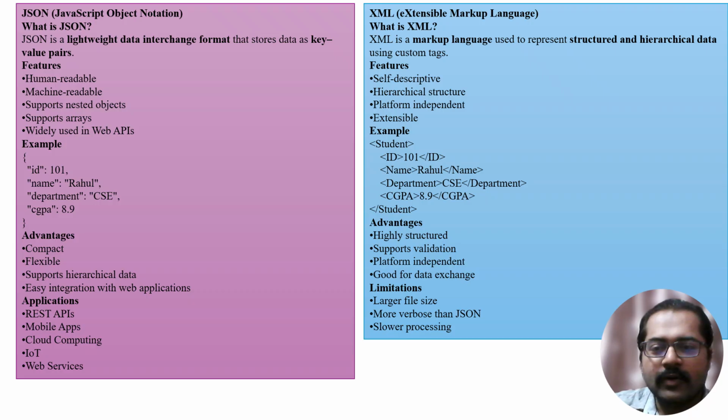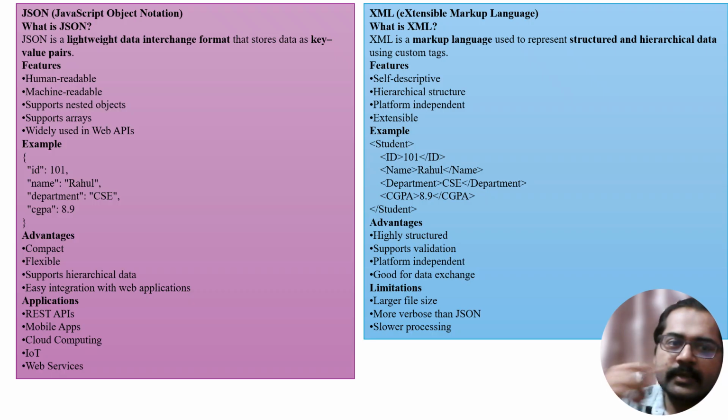So let's see what JSON, JavaScript Object Notation, is. It's a lightweight data interchange format that stores data as key value pairs. You can see the key is ID in this example, and 101 is the value. Key value pairs are both human readable and machine readable.